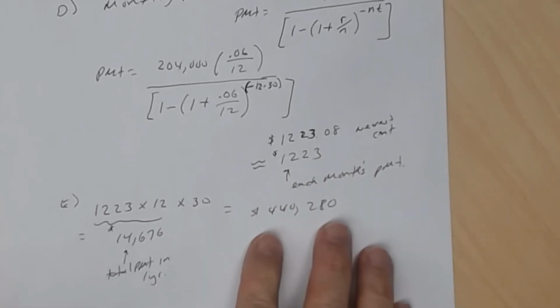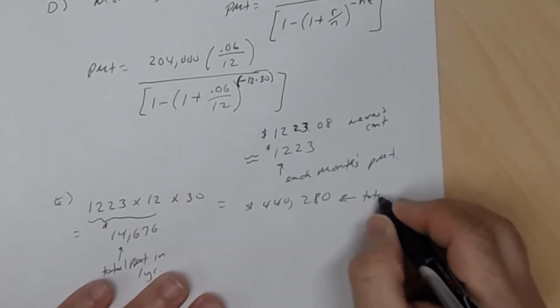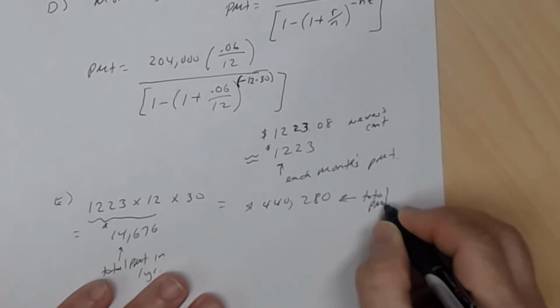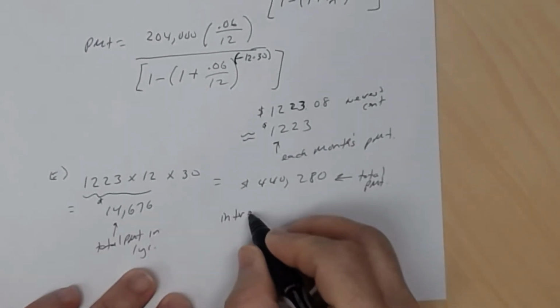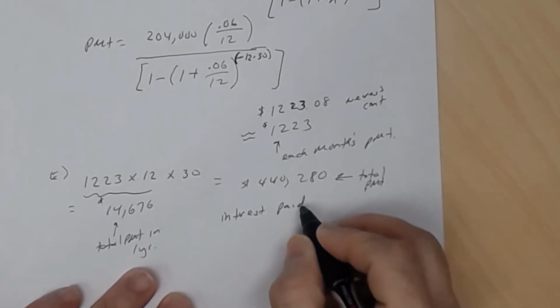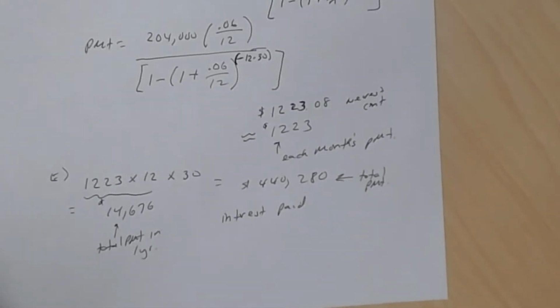Okay, now remember, what this right here is the total payment. Now to find the interest paid, you're then going to subtract.